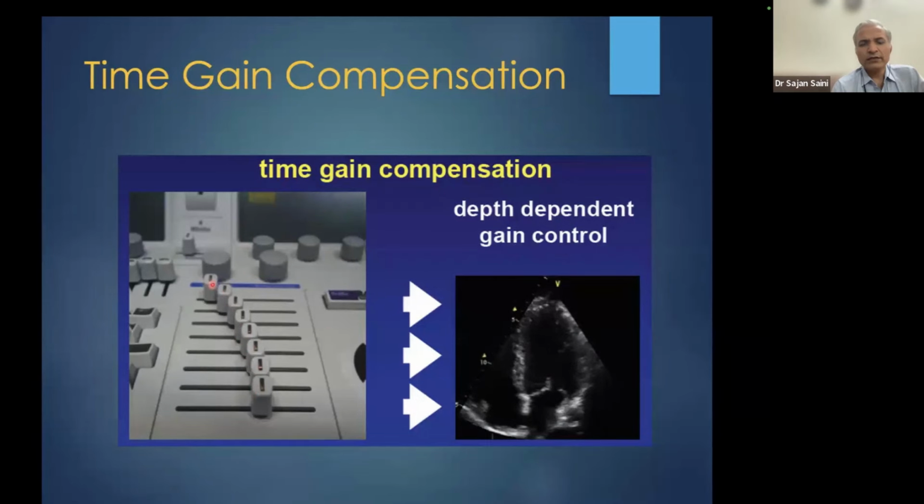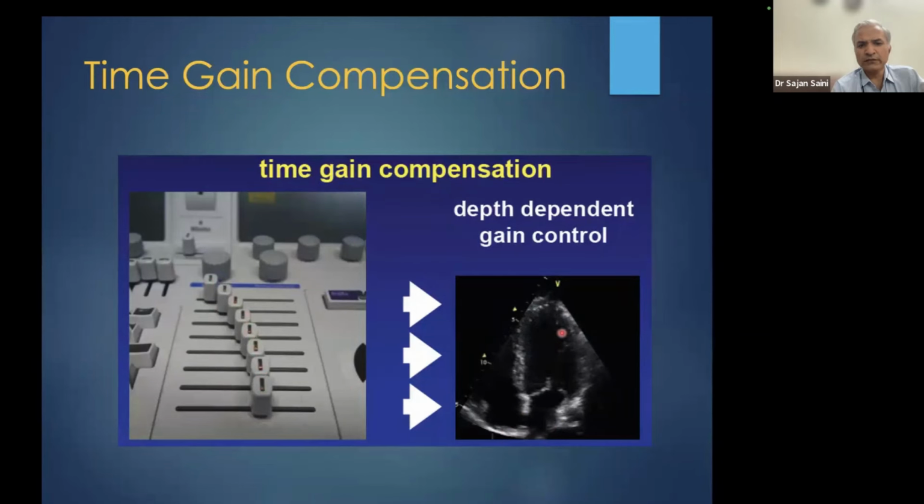Say we have many buttons, and they increase the gain. They divide the whole of the sector in proportion to the number of buttons available. So for example, here 1, 2, 3, 4, 5, 6, 7, 8.